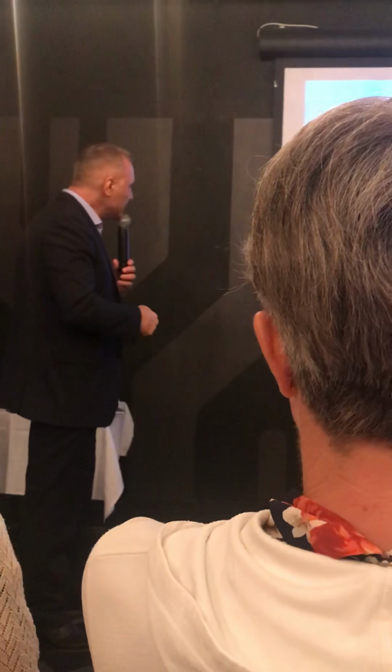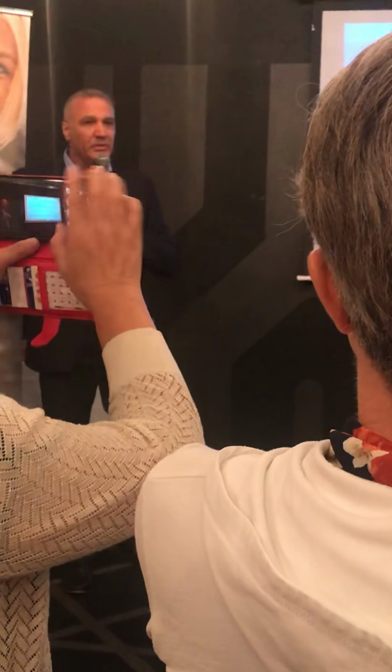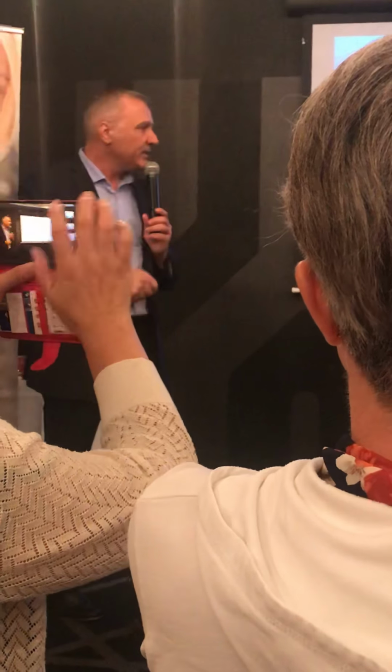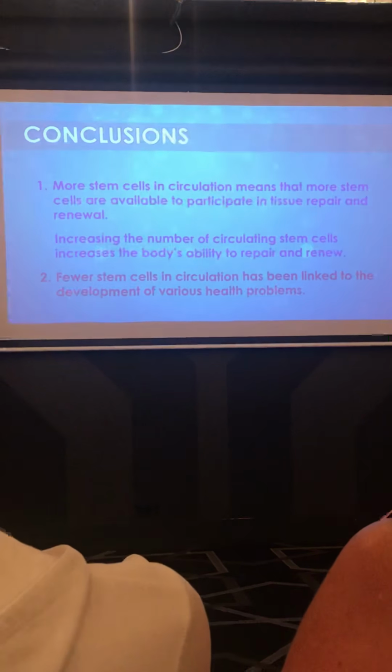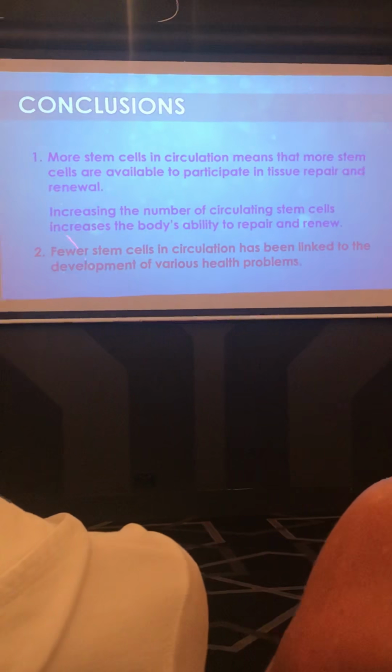The conclusion is simply, if we can put more stem cells in circulation, the body can use these stem cells to simply repair itself. But all of this is leading to a third conclusion, which to me is probably the most important. That's the one that, when I say it's called to change the way that we understand health and wellness and practice medicine, this is what I mean.